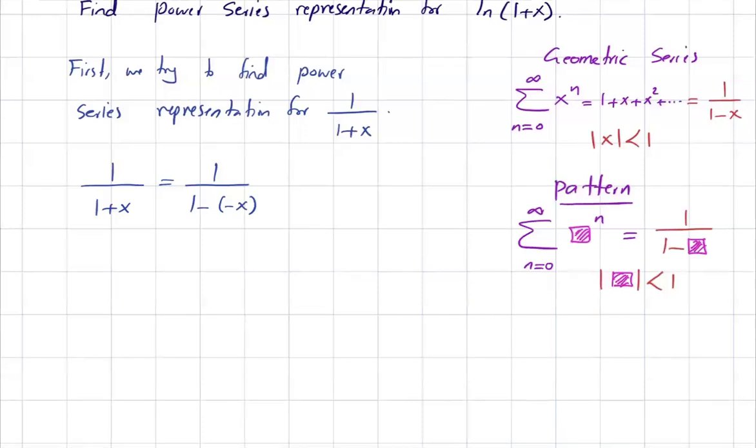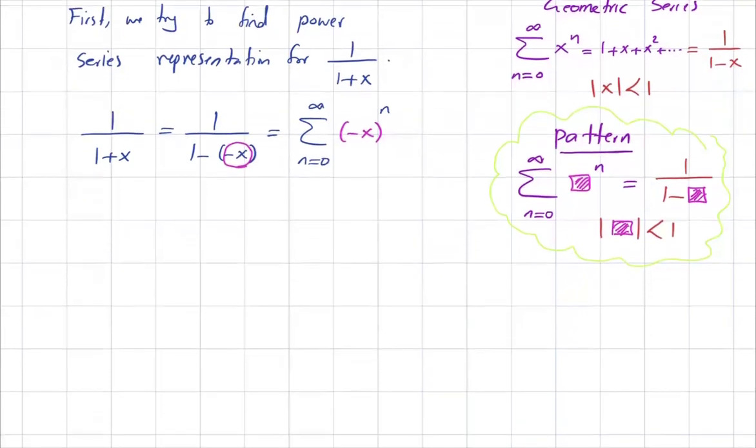So take a look at this function, 1 divided by 1 plus x. That can be written as 1 over 1 minus negative x. So the quantity that you're looking for, this box, is minus x. Following the same pattern, this is equal to the summation of minus x to the power n, where n starts from 0 and goes to infinity.